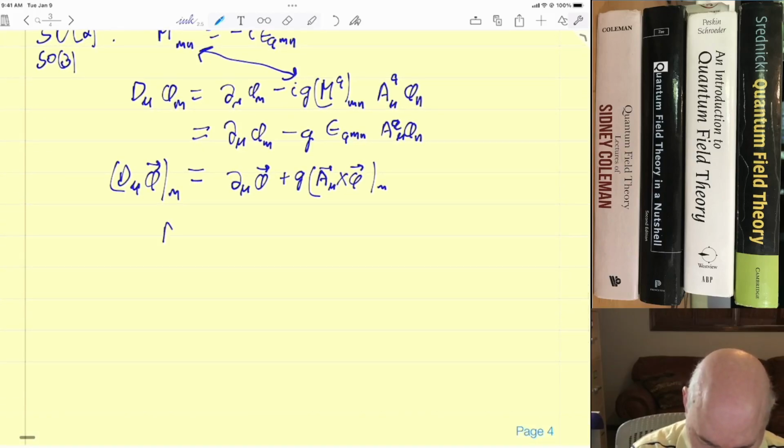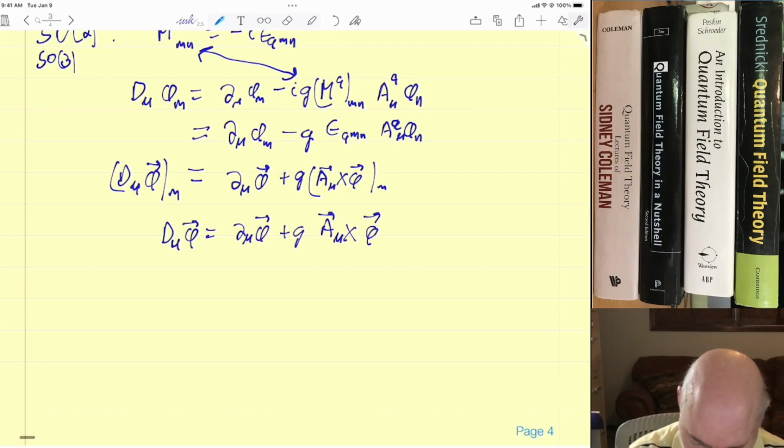Or what's the same thing, D_mu phi is equal to the partial of mu phi plus g A_mu cross phi. So this is the same thing we got before in the last lecture. In the last lecture we called it W_mu, and now it's A_mu.